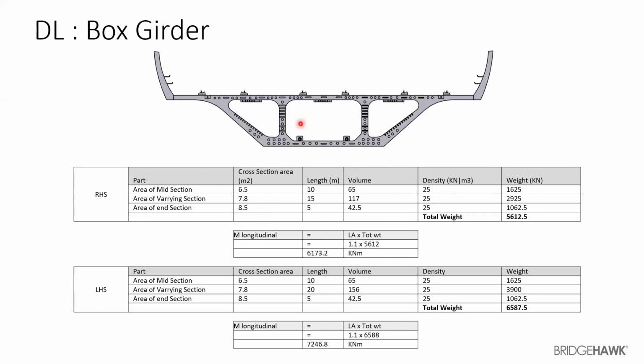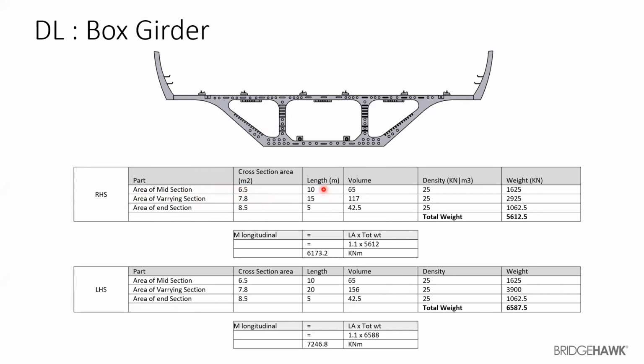And as we are going towards the center, we are going to reduce the thickness of the web. So that is why the varying section, as it is mentioned, is that part comprising maybe 3 or 4 segments, which is reducing in thickness at its webs. So we'll take the average of the sectional value and use that as the actual area of the varying section and the area of the midsection.